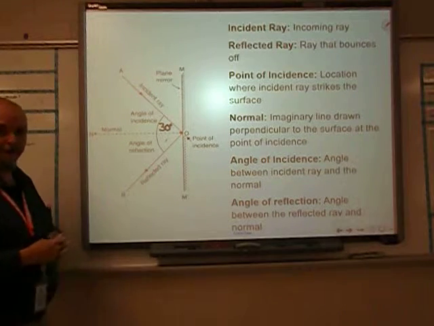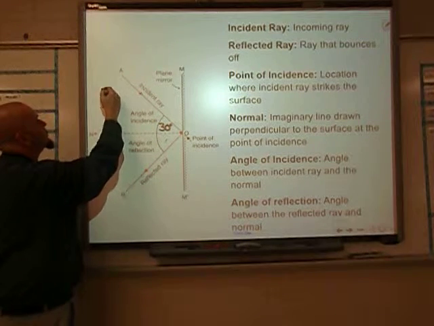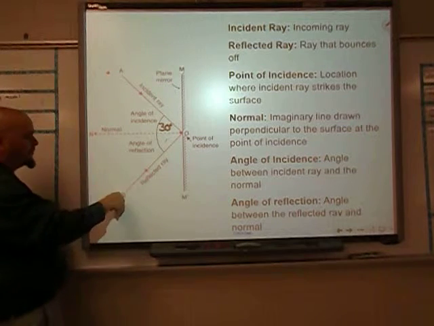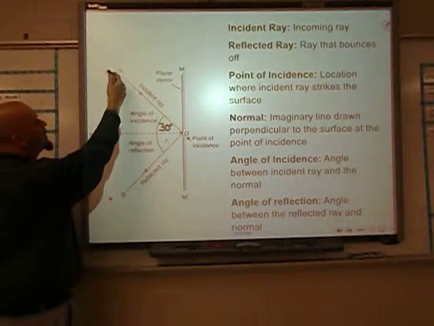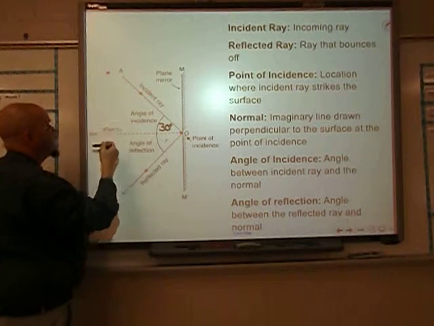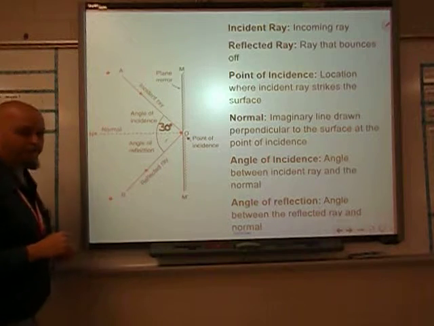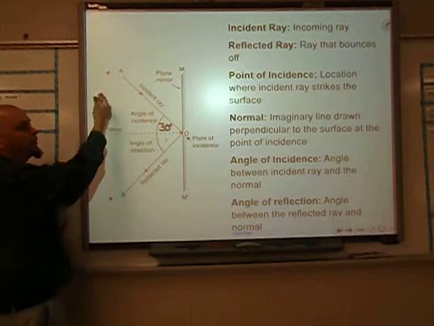Mark where 90 degrees is. And then go 30 degrees this direction, 30 degrees this direction from 90. So basically you're going to come over here to that 60-degree mark and make a point. Come over here to the 60-degree mark and make a point. Again, because we need to be 30 degrees from the normal.